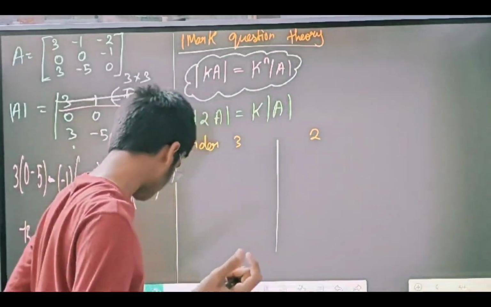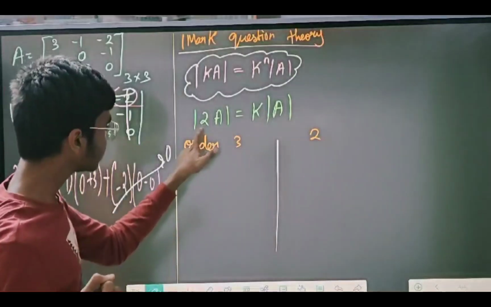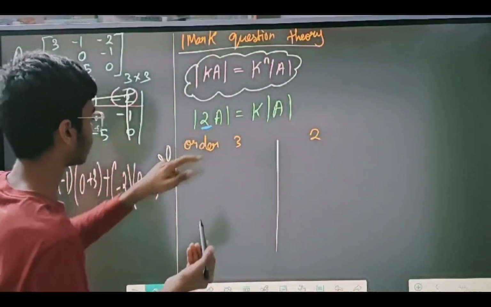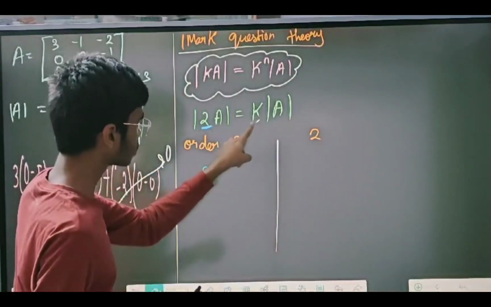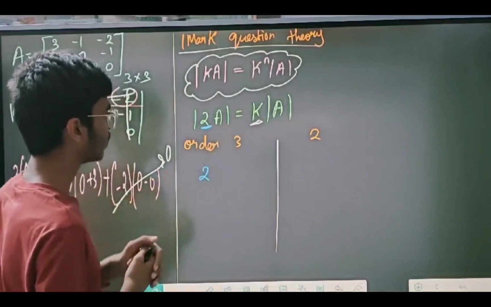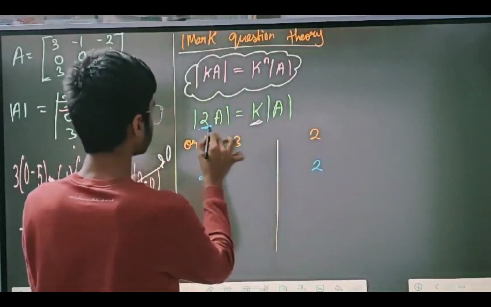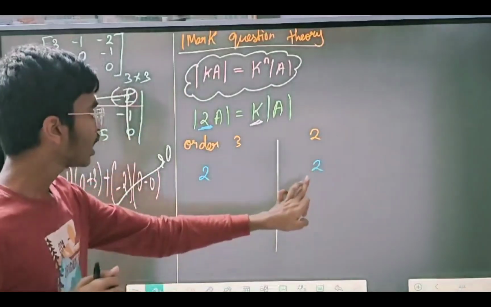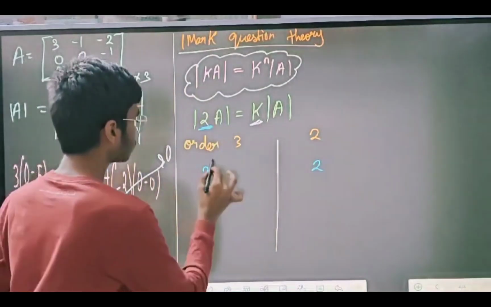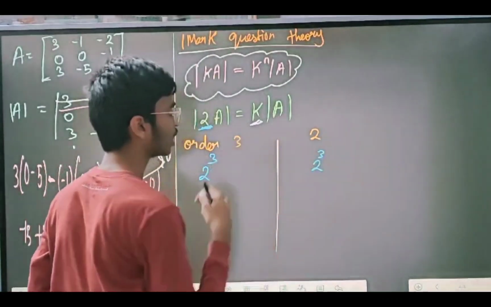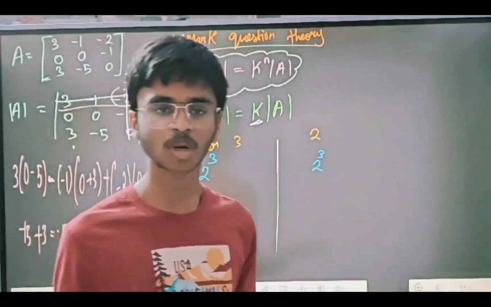In place of k, the exact number that they have given, that you have to write. Here also 2 is what they have given, so that you have to write. And what order they have given, that you have to put as the power. That is what this property is.